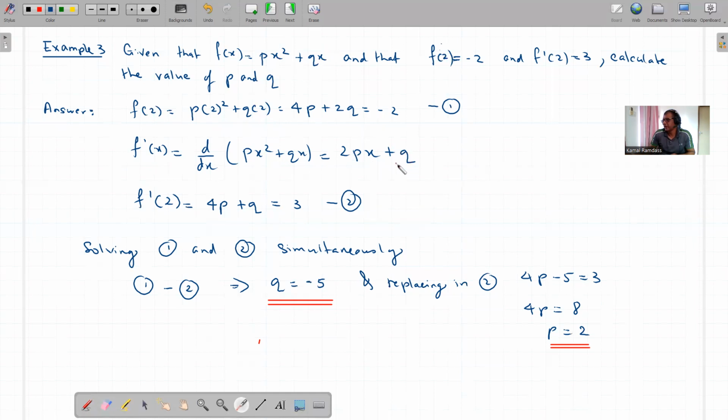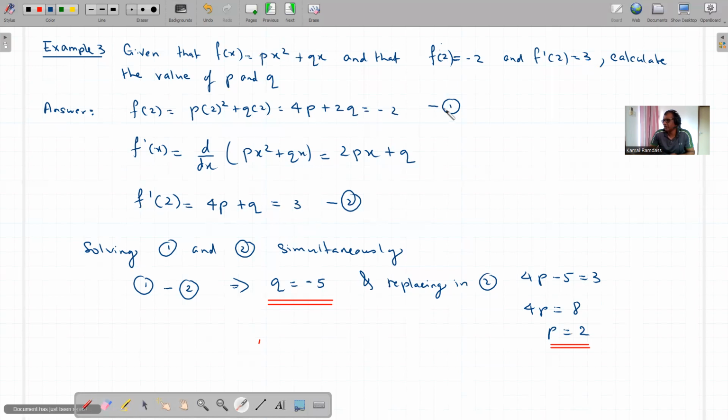On prend 2 là, on réduit the power of x by 1. Et ici, il devient 1 fois q fois x à la puissance de 0. Il devient 2px plus q. Et là, on a f prime de 2 qui va être égal à 3. On remplace tout là-dedans. 2 fois p fois 2 devient 4p plus q is equal to 3.